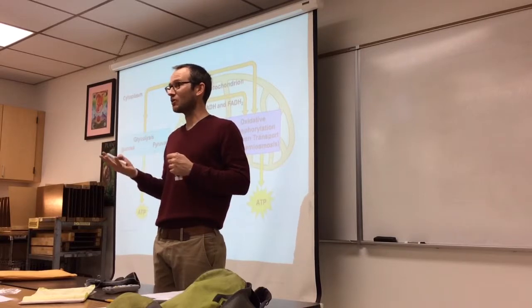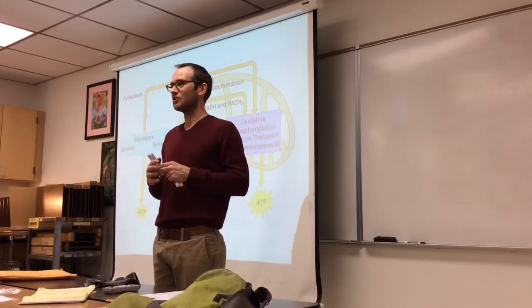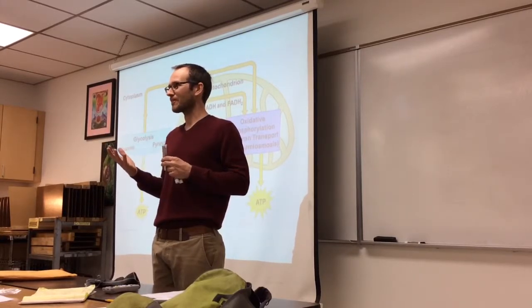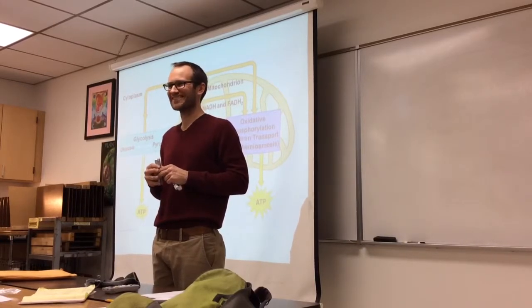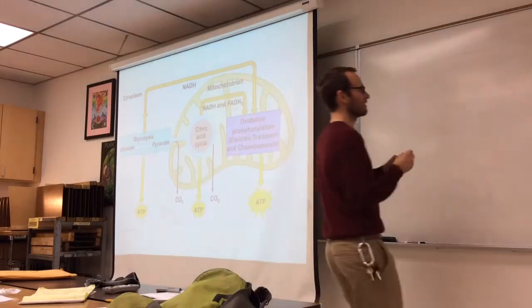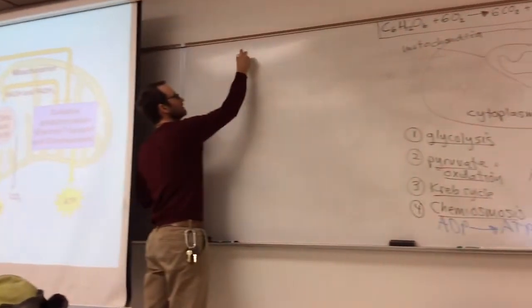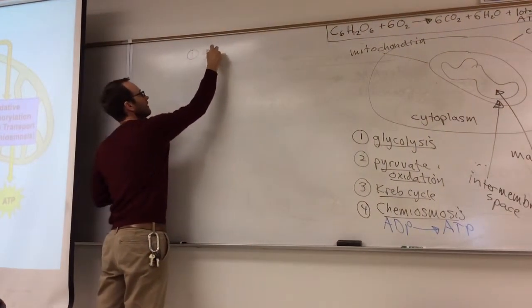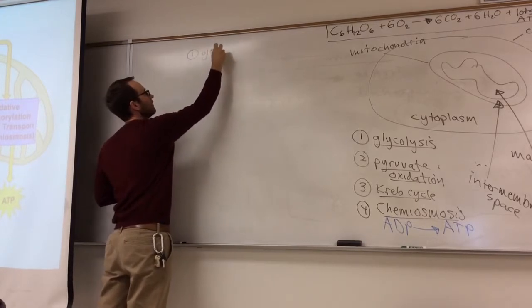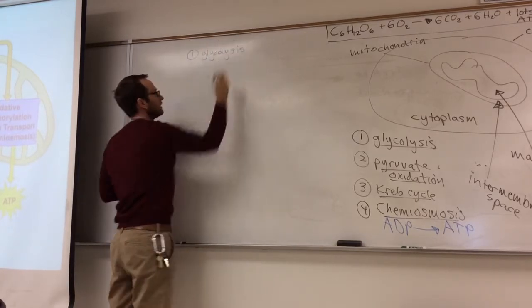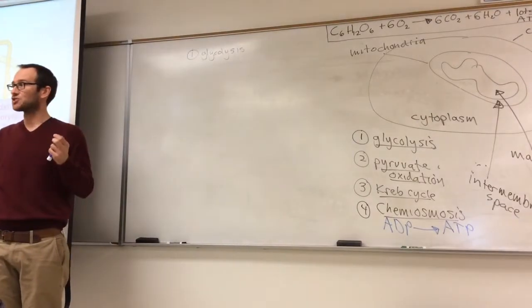And glyco, I don't know if it sounds like this to you, but it sounds like sugar to me, like glucose or something like that. So the process of glycolysis is literally the splitting of sugar.